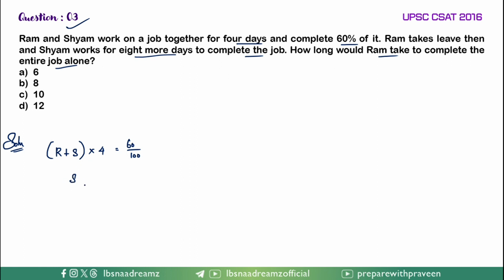they take 4 days to complete 60% of the work. Shyam took 8 more days to complete the remaining work, that is 40%, right? So together they have completed 60%. So the remaining 40% was done by Shyam. So 40 by 100. So let us identify the efficiency of Shyam.